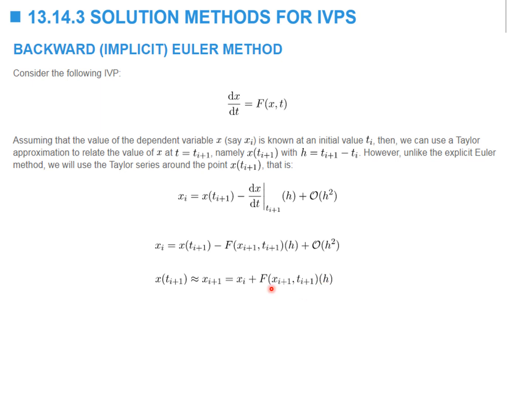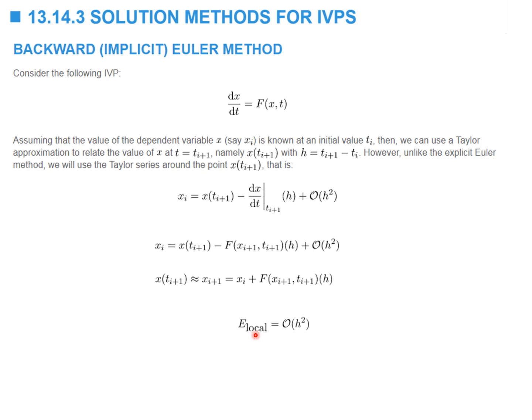Really, the difference between the implicit Euler and the explicit Euler is that in the explicit Euler in the previous lecture, this f was evaluated at xi and ti. Here f is evaluated at xi plus 1 and ti plus 1.